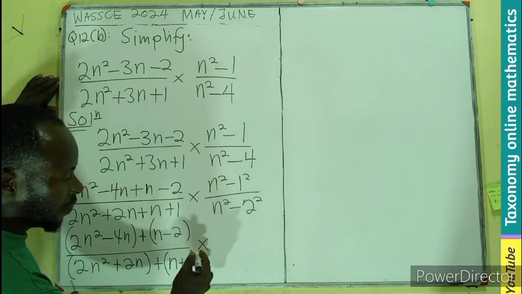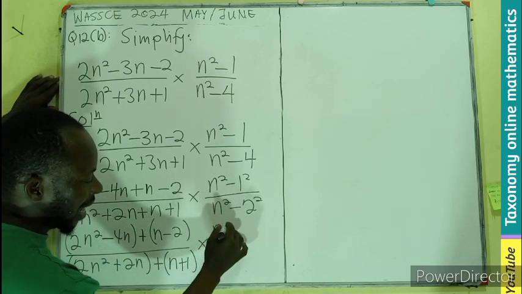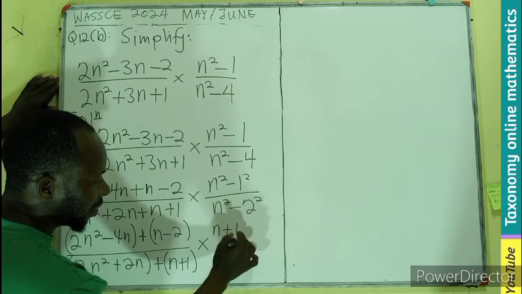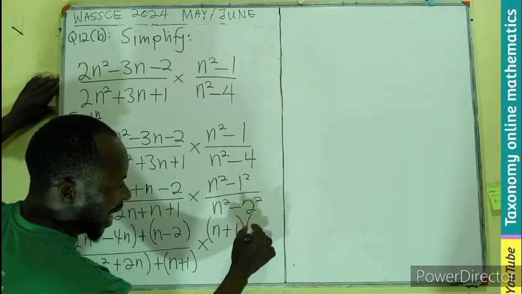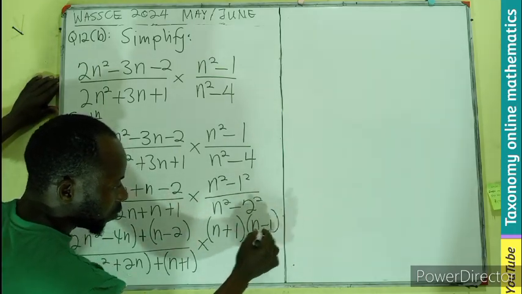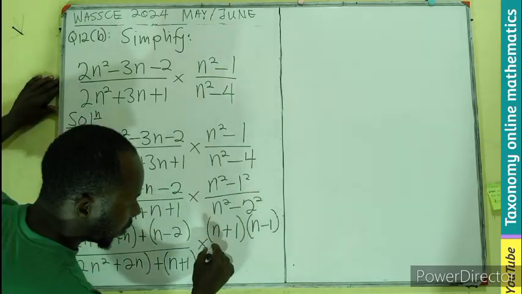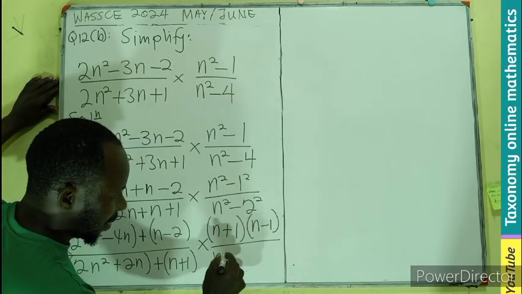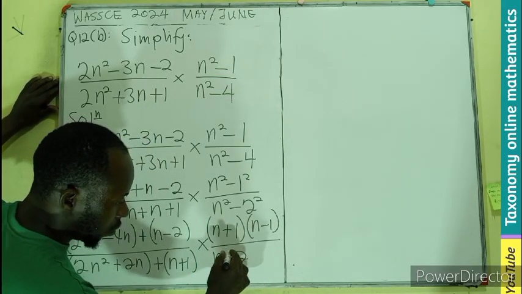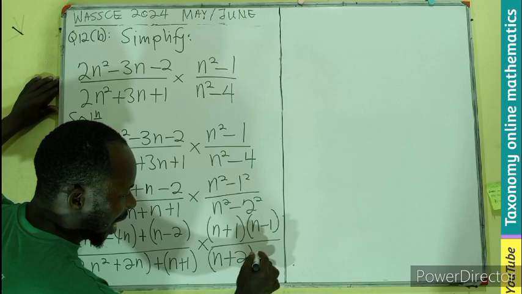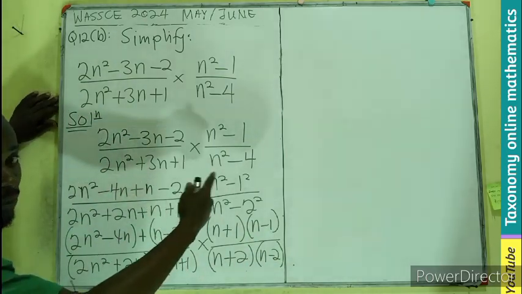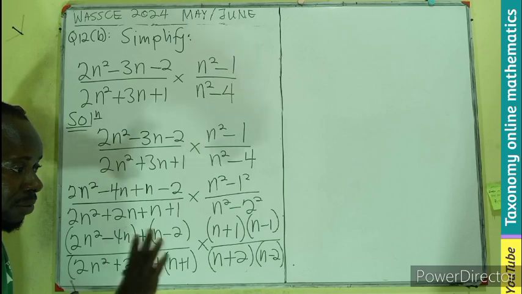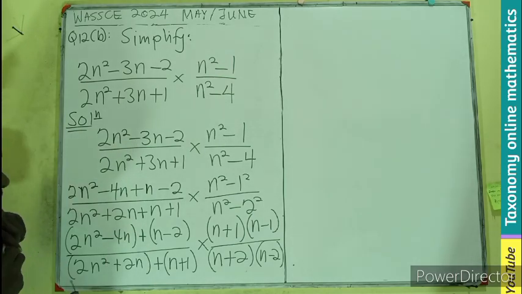Now the difference of two squares says that it is the product of the sum of the two numbers and their difference. So that is going to be for the top: n minus 2, then n plus 2. The order does not matter because multiplication is commutative.